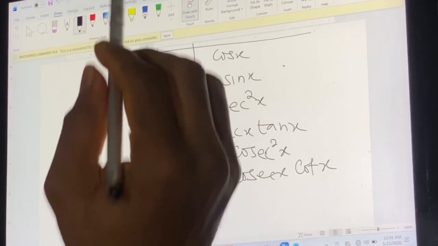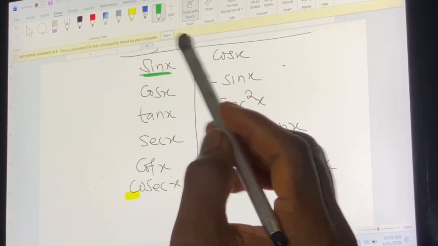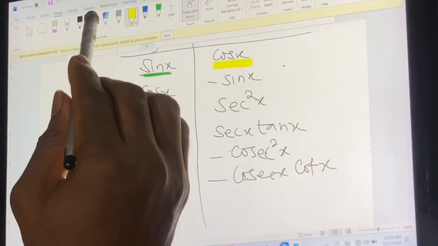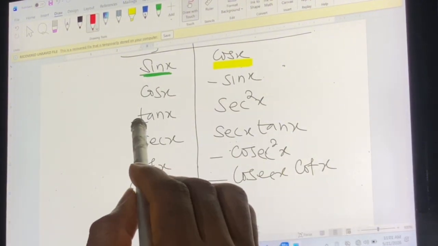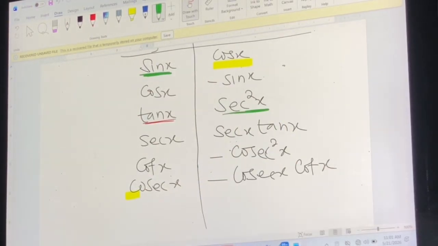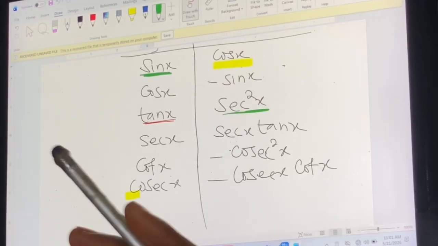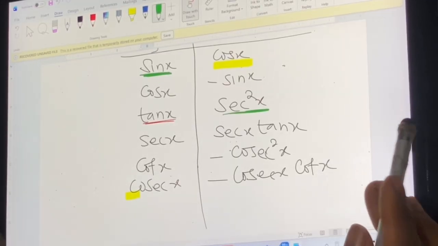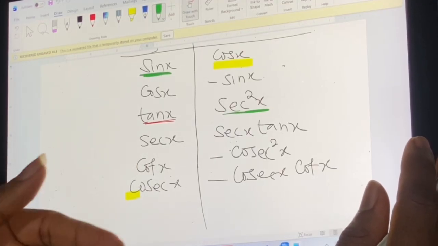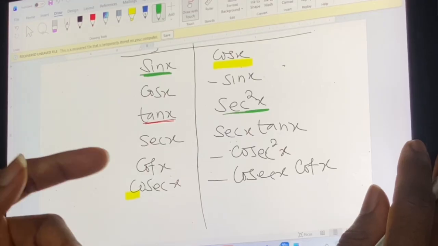So if you are given a question on sine and you're asked to differentiate it, the answer will be cos. If you are given a question on tan, the answer will be sec squared x. Class, we are not asked to find only sine x, cos x, tan x, sec x, cot x, or cosec x here.